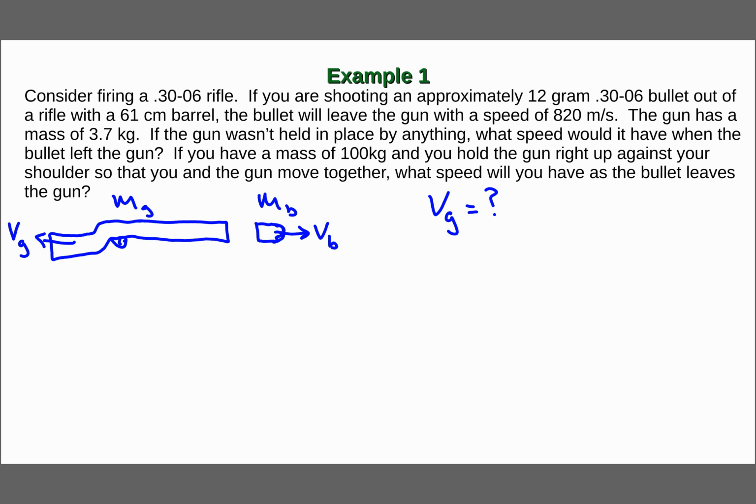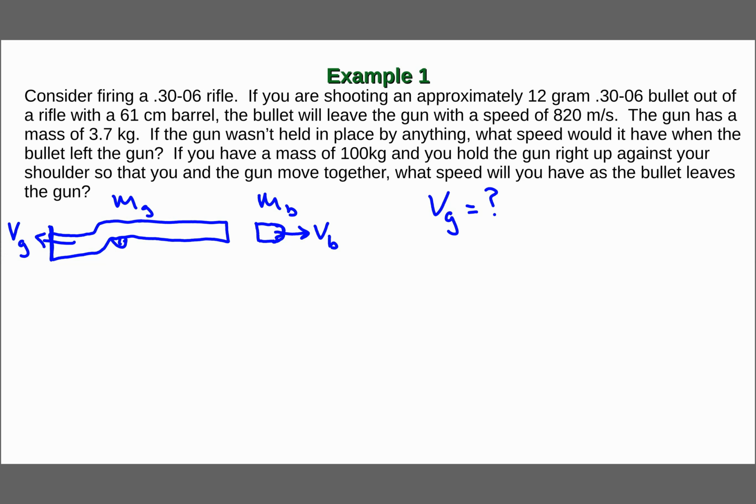Now, if you ever learn how to shoot a real gun, when you shoot a rifle, what they tell you to do is make sure that this back end of the gun is real tight up against your shoulder, okay? You pull it up into your shoulder and you pull it in real tight so that when the bullet leaves the gun, the mass on the other end of our conservation of momentum is you plus the gun, because that's a great big mass, right?